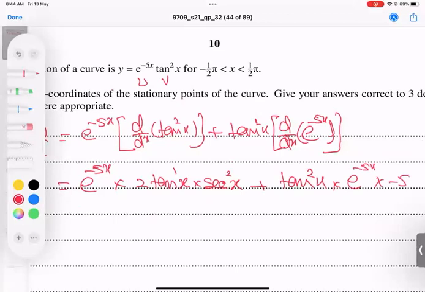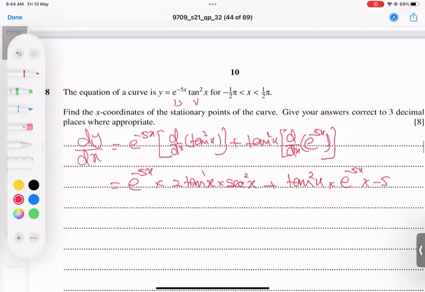So now, what is the next step? Take common as much as possible. Exponential is definitely common. And after that, what is left about the tan?